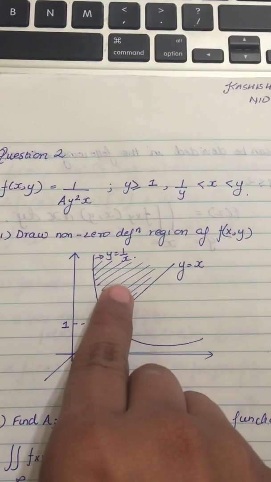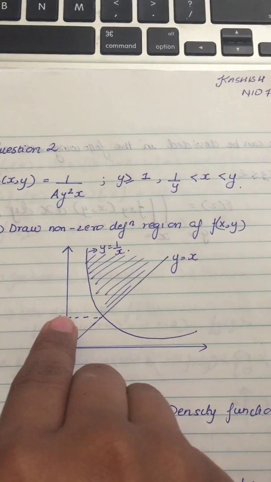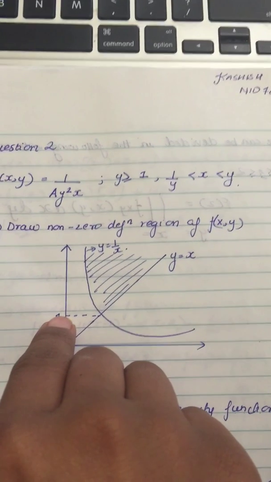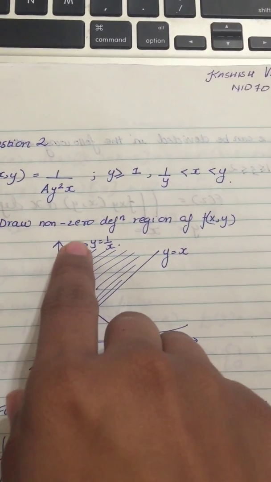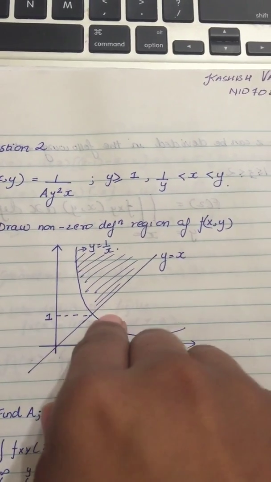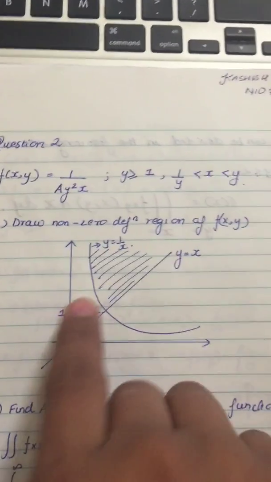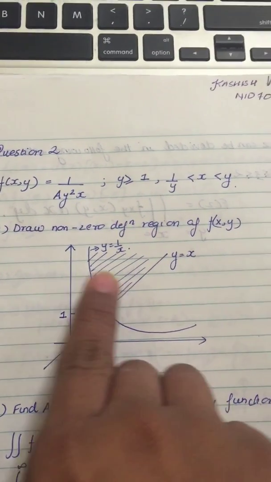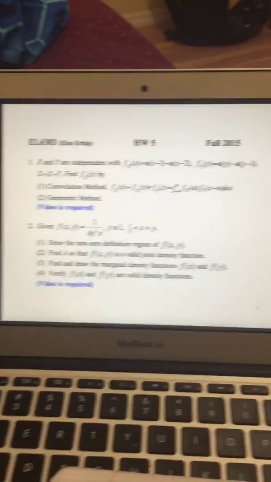This half out here, y greater than or equal to 1, is satisfied by this being 1, and x greater than 1 by y is satisfied by this curve here, and it is the upper half of the entire curve. That's why this shaded region is really going to be the non-zero definition of f of x comma y. So that's the first question.